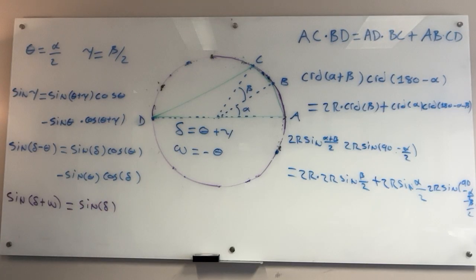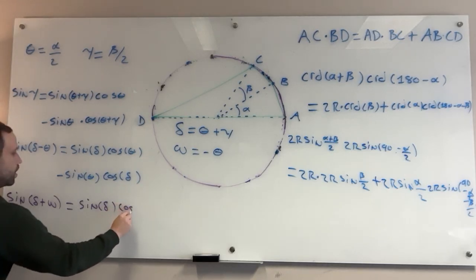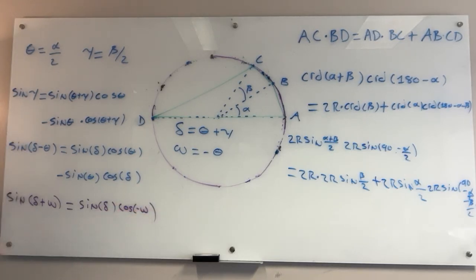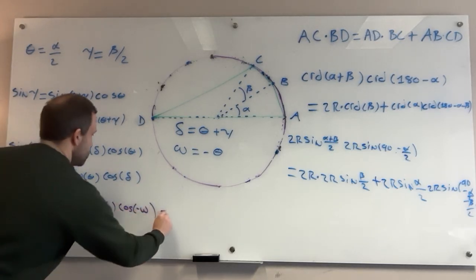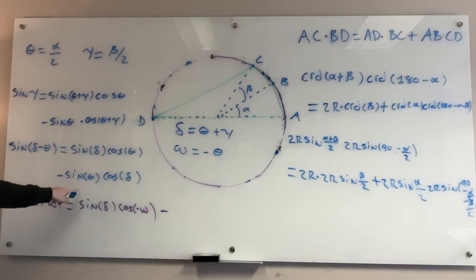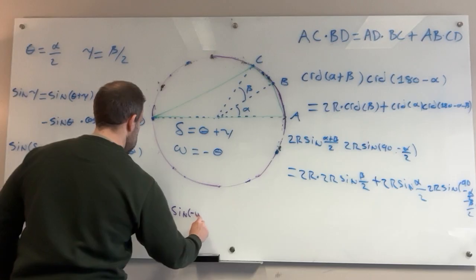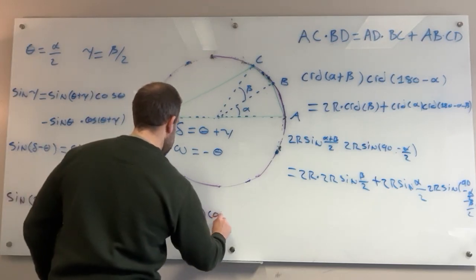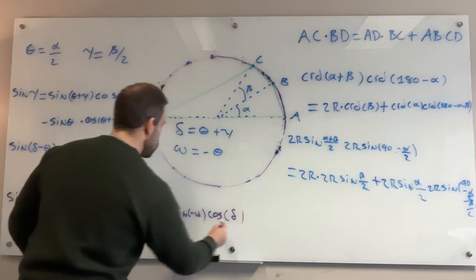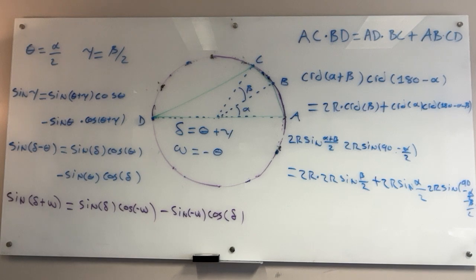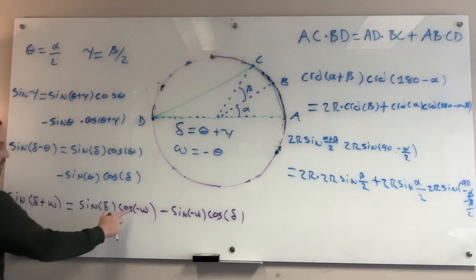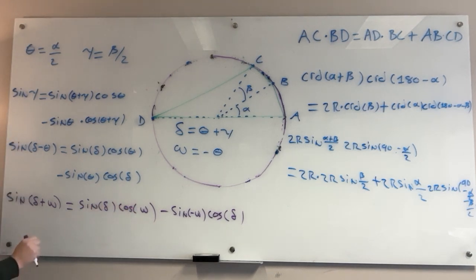Now cosine theta is going to be cosine of minus omega. Sine of theta is going to be sine of minus omega. And then cosine delta. Okay, but now cosine is an even function, so that goes away.